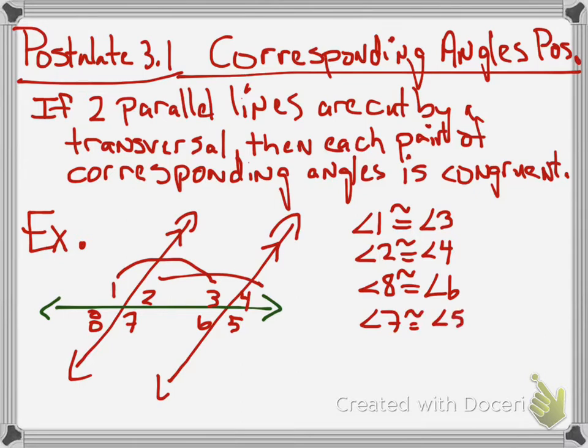Corresponding angles, again, are the ones that are across. And don't forget, these are called linear pairs. That means they're supplemental. If they're right next to each other on a straight line, those are linear pairs. Gotta know your vocabulary, kiddos.